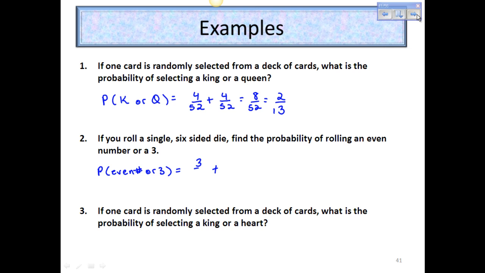So there are 3 of them out of 6. How many ways are there to select a 3? Just one, because there's only one 3. So 1/6 for the probability of 3. Now, can you roll an even number and a 3 at the same time? No, because 3 is odd. So we don't have to subtract anything on this one either. Adding those together, we get 4/6 or 2/3.